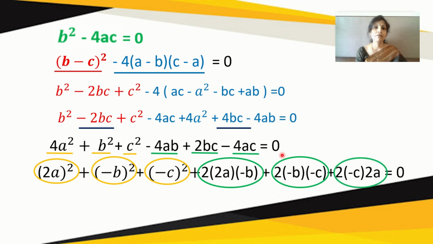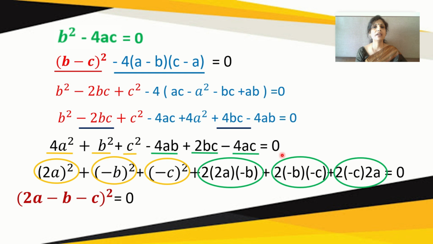Now why have I done this? It's because the entire equation which I have written is an expansion of 2a minus b minus c the whole square. So what is our formula? It is a square plus b square plus c square plus 2ab plus 2bc plus 2ac. And this expansion is for 2a minus b minus c the whole square, and that is equal to 0.